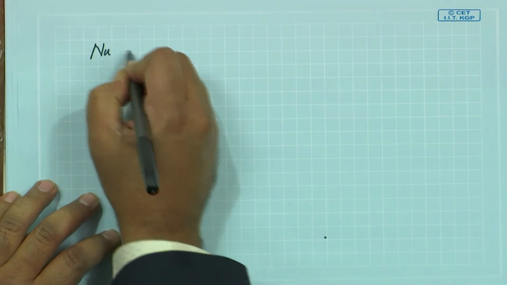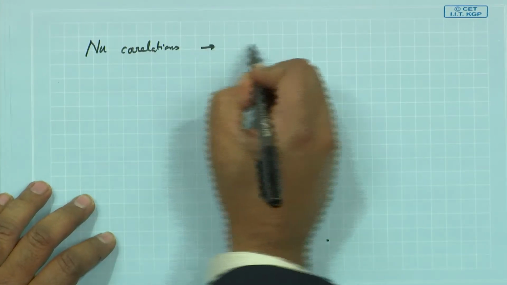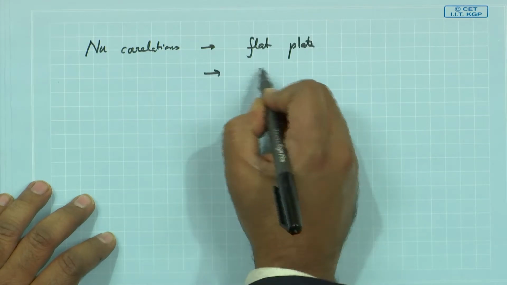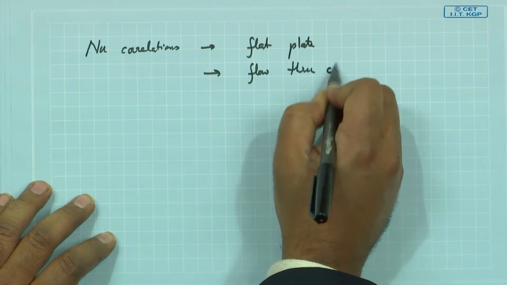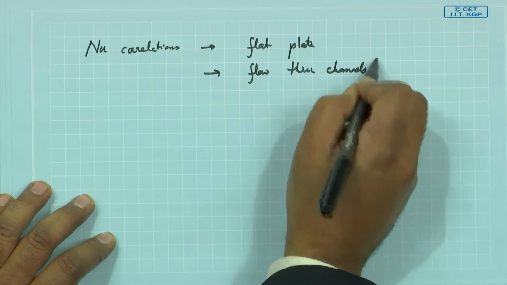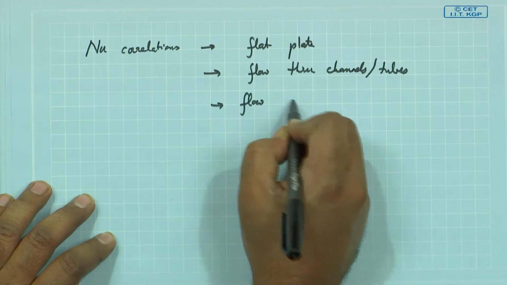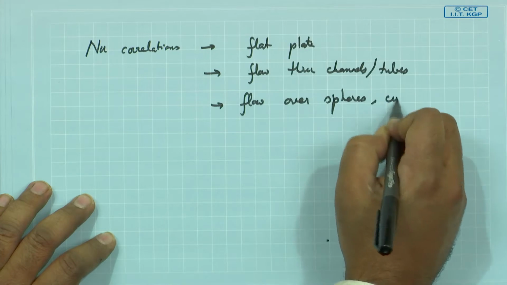All right. Now, the good news is we have these Nusselt number correlations. If you just go to any heat transfer book, you will see for flat plate, flow through channels, tubes, flow over spheres, cylinders.